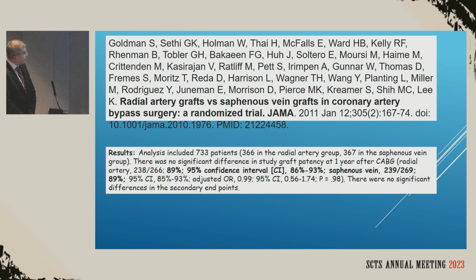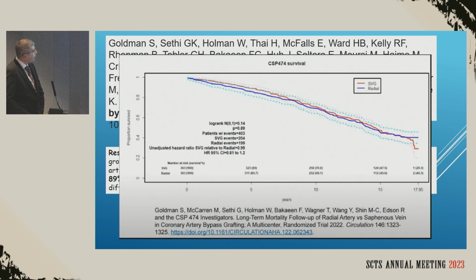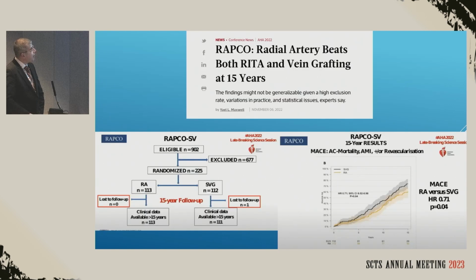There's more interesting data and probably more conflicting. We know the VA trial by Goldman, at 1 year there was no difference in patency between saphenous vein and radial, and they've also done a very long-term follow-up at 17 years where there was actually no difference in survival between saphenous vein graft and radial.